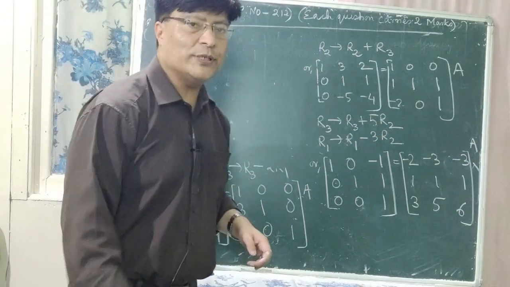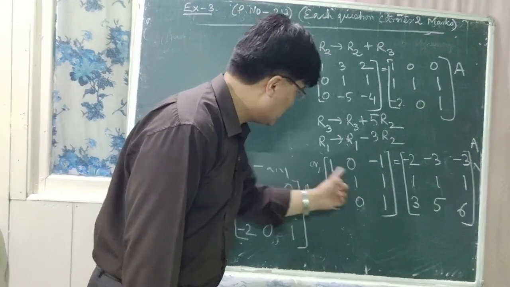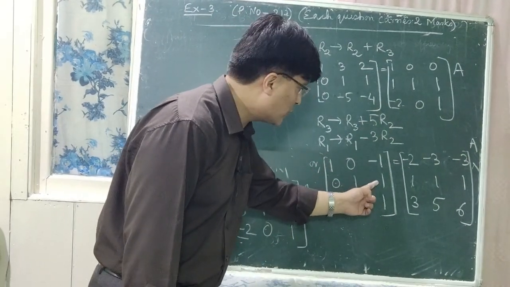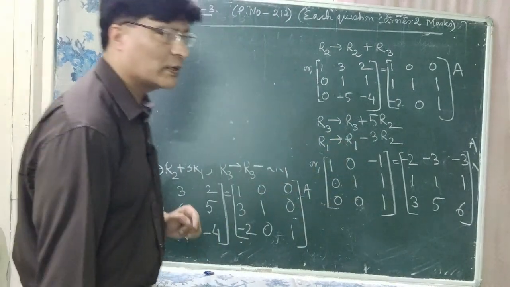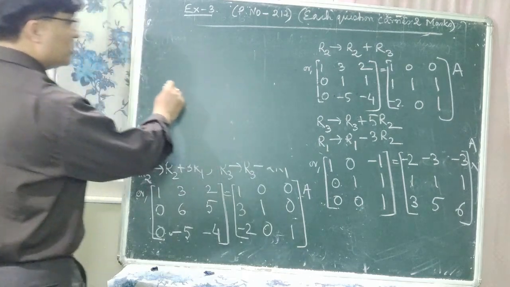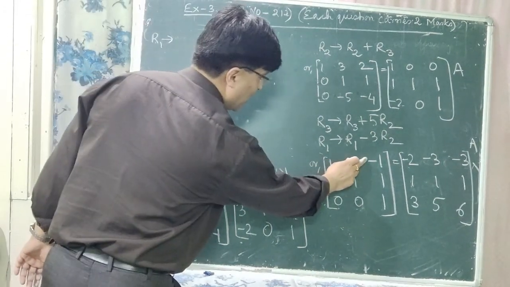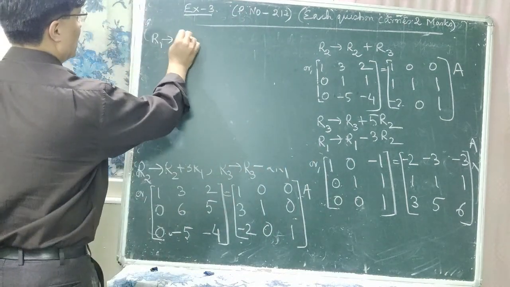So now what you have to do here is make this 1, this is 1, so the leading diagonal is 1, 1, 1, so you have to make these two elements 0. So how can you make it 0 now? You can use R1 is equal to R1 plus R3.